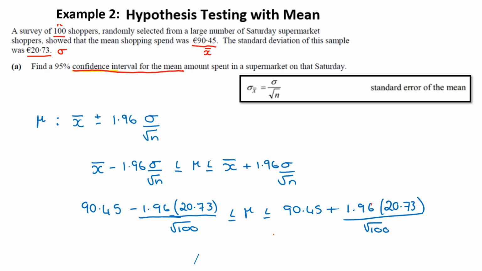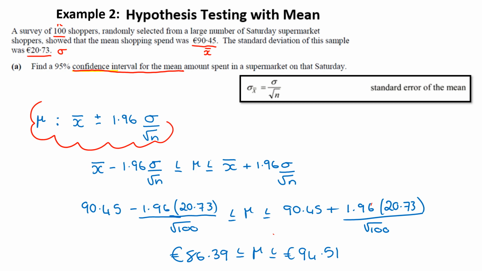And when we work that out, we get, correct to two decimal places because it is money, 86.39 is less than or equal to mu, less than or equal to 94.51.